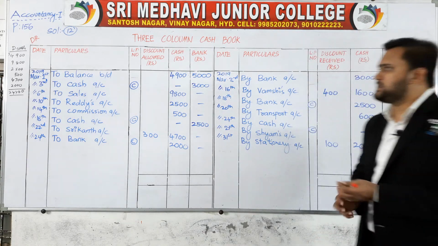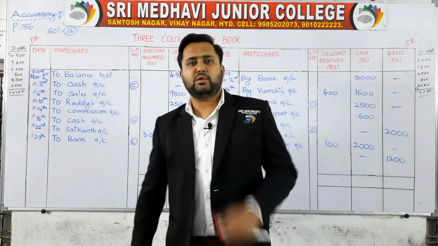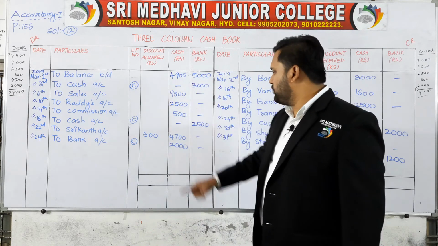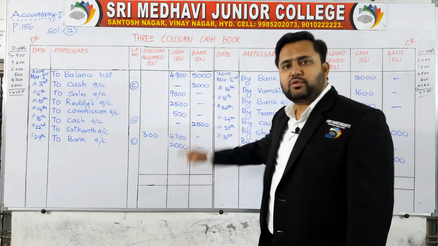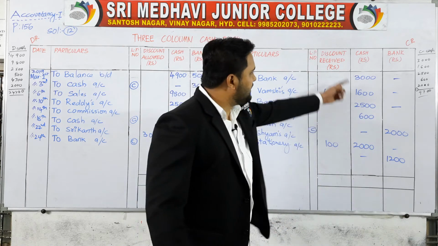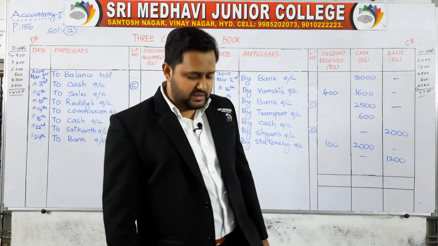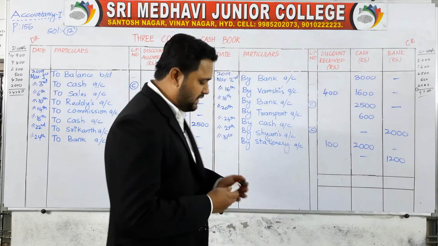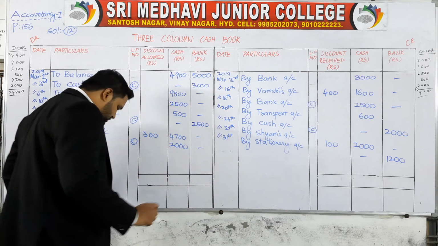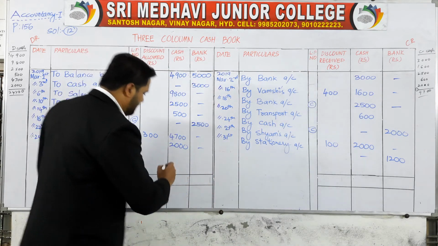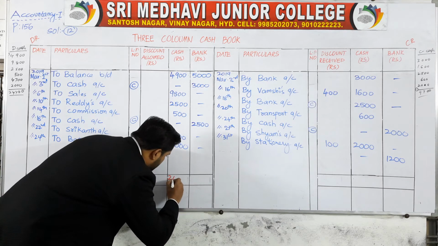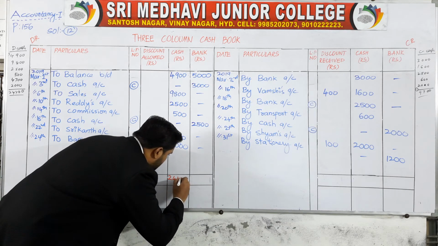Now tell me which side is the greater cash value. Here on debit side the total is 24,400. Here the total is 9,700. Obviously 24,400 is the highest value. So write on both sides. Here on cash 24,400.